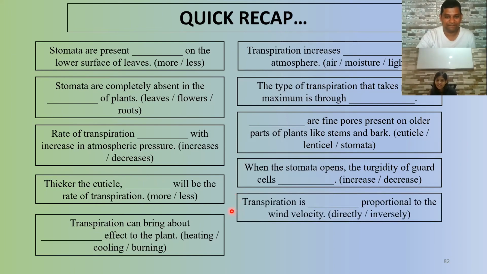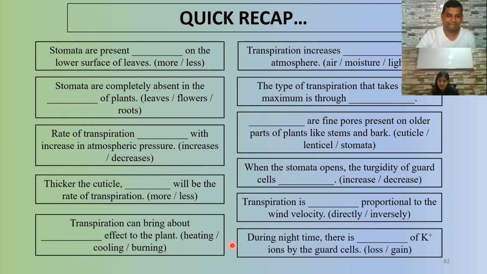Transpiration is dash proportional to the wind velocity. Directly proportional. Yes. And the last one: during night time, there is dash of loss by guard cells. But in daytime it gains.